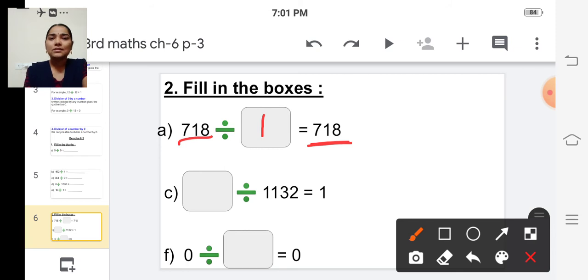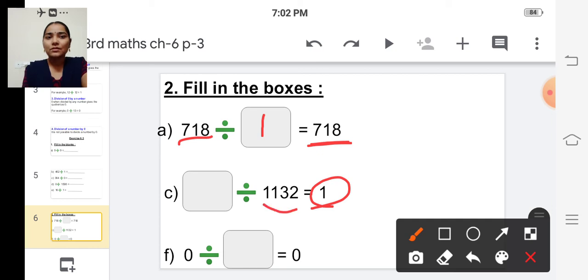Okay. Second one, dash divided by 1132 is equal to 1. So when we get the quotient as 1, it means we divide a number by itself, isn't it? Then we'll get the quotient as 1.